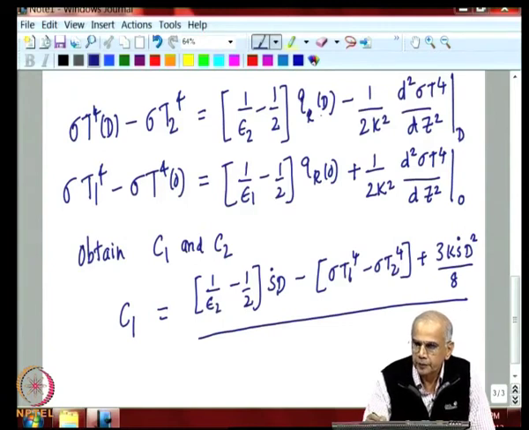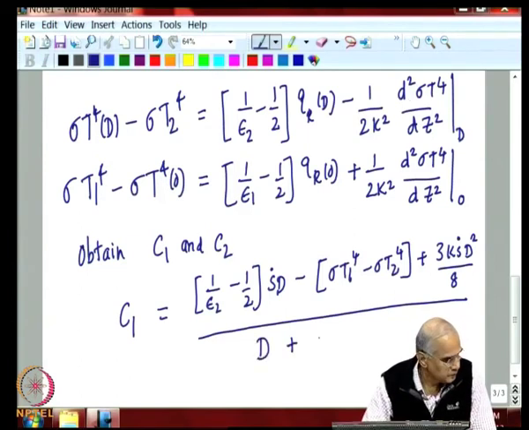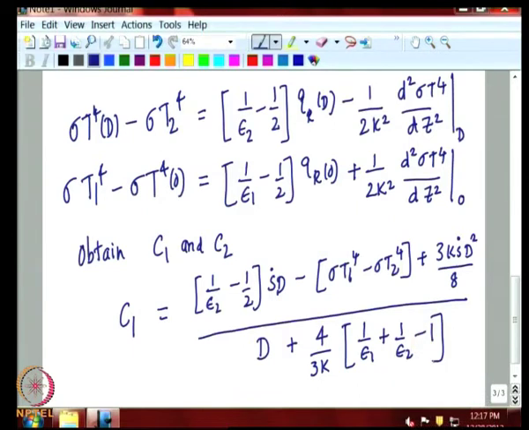So, this has come from here and this is obtained from that derivative divided by d plus 4 by 3k into 1 by epsilon 1 plus 1 by epsilon 2 minus 1.